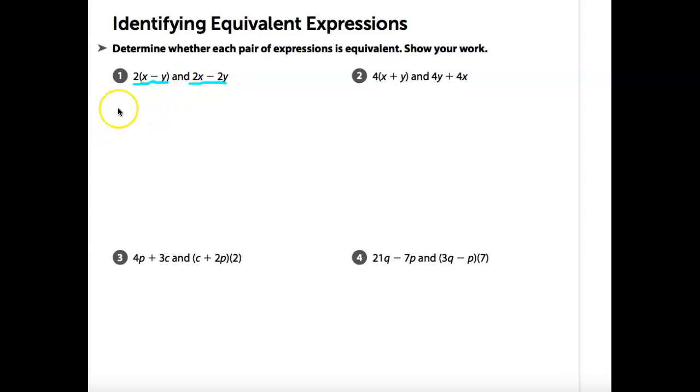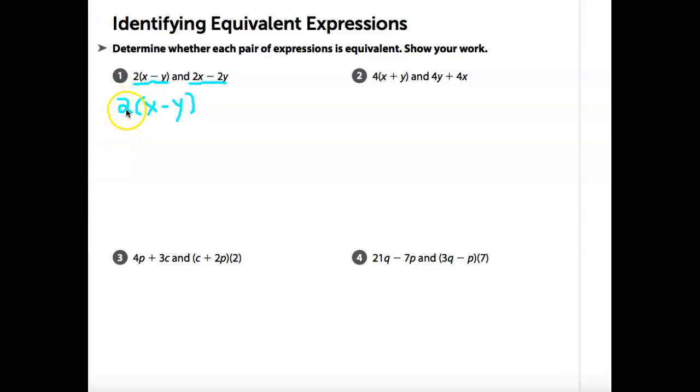Okay? So this one right here means 2 times x minus y. Okay, and we have to see if that's the same as 2x minus 2y.